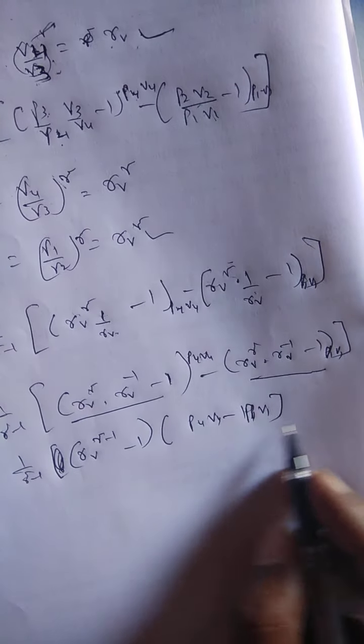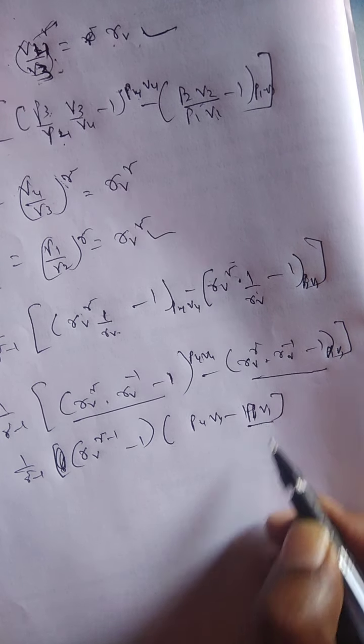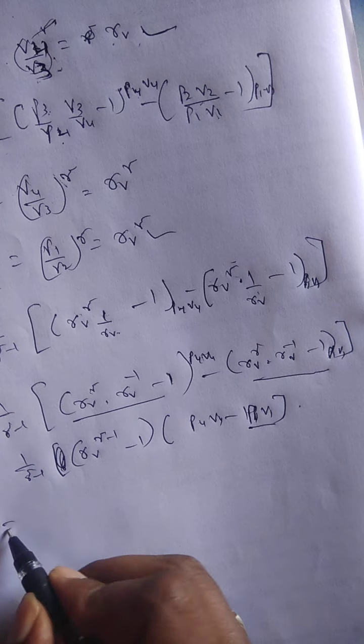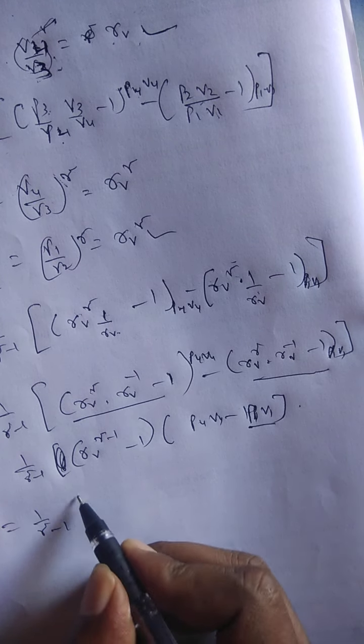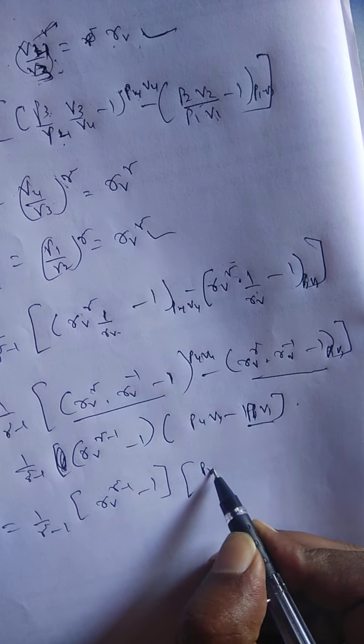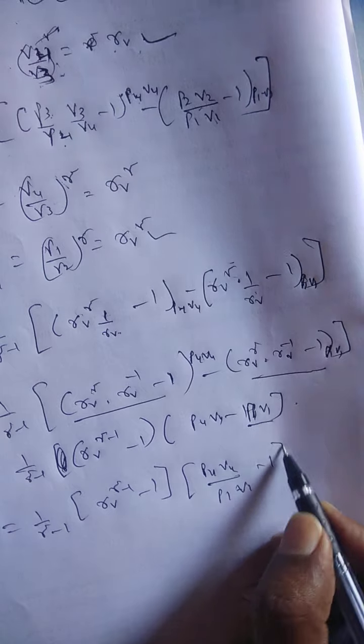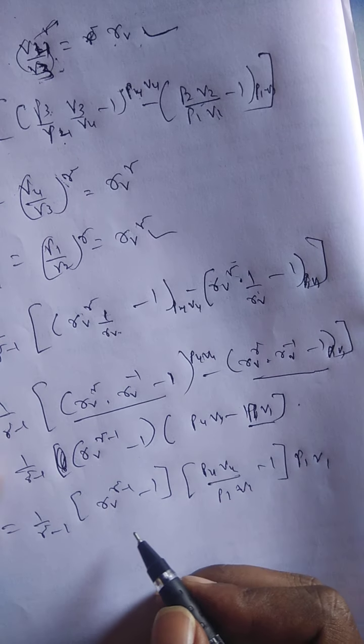So now here again we can take this as a common term. What happens? 1 divided by gamma minus 1, RV to the power gamma minus 1, P4 V4 divided by P1 V1 minus 1. The P1 V1 will be remaining like this.